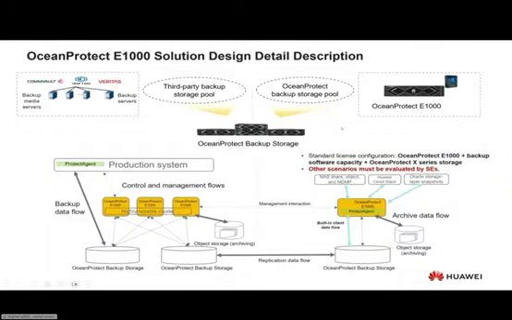This diagram is a little bit complex. When you are using the OceanProtect E1000 decoupled appliance solution, if we deploy our Protect agent, the backup agent, on the host side, the backup data flows directly from the host to the backup storage, with no need to go through the OceanProtect E1000. But if we deploy our backup agent inside the OceanProtect E1000, because we can provide the inside agent capability, the backup data flows to the OceanProtect E1000 and then to the backup storage.